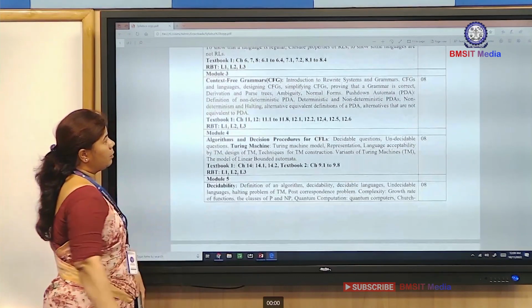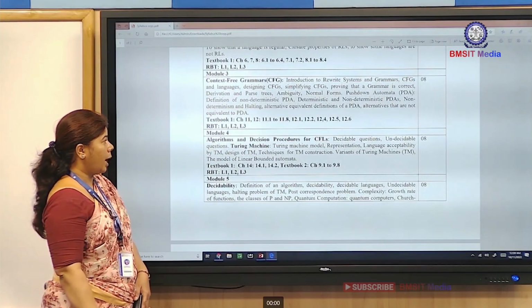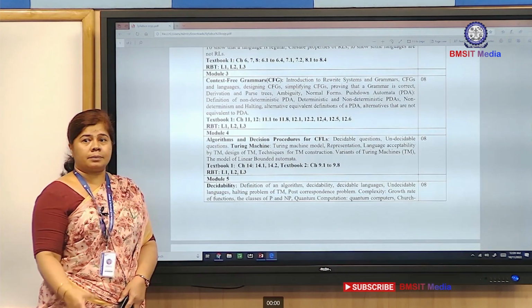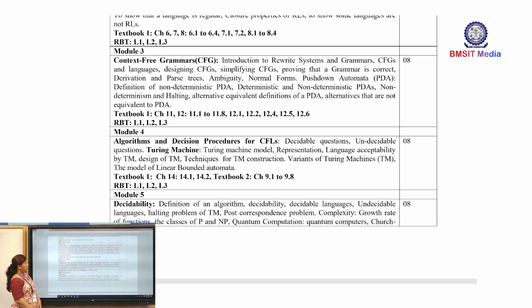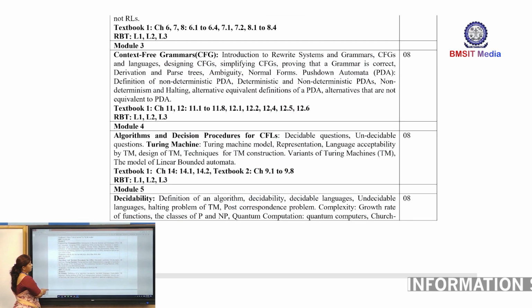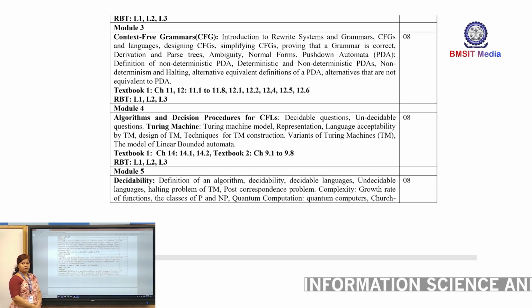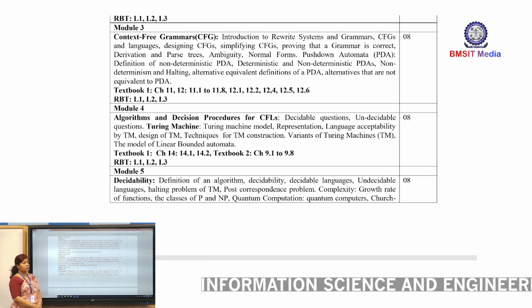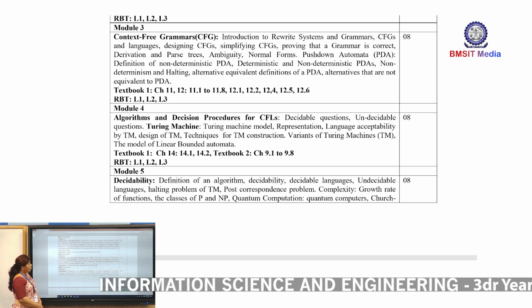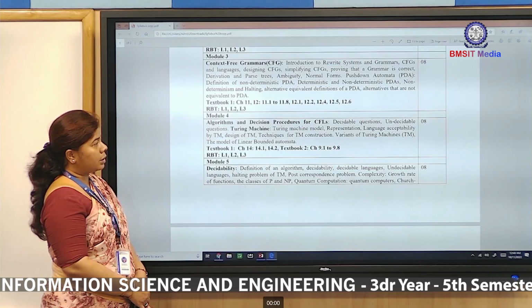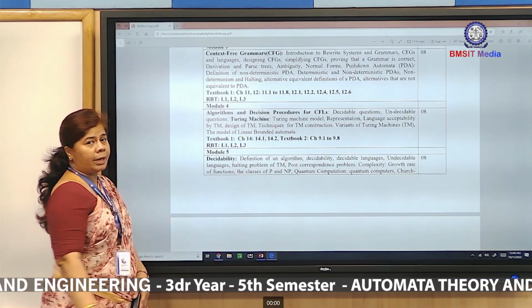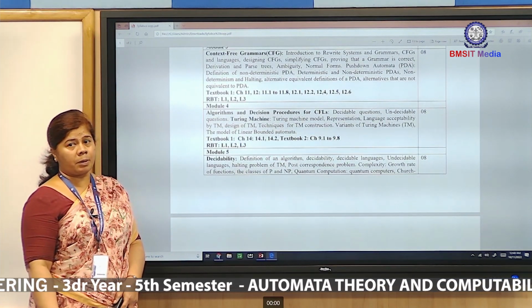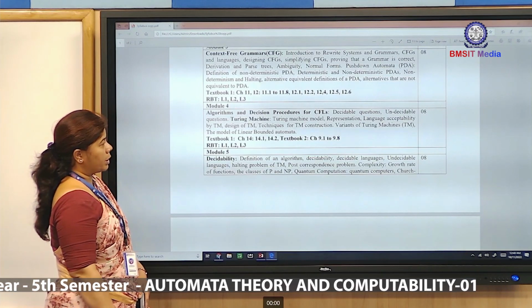And in module 4, we are going to study Turing machine problems, how to write or design Turing machines. And then the last module is a little bit theoretical, which covers algorithm decidability, the languages related to that, and a little bit about NP complete and NP hard problems and quantum computation problems.